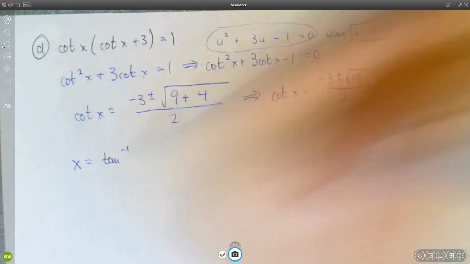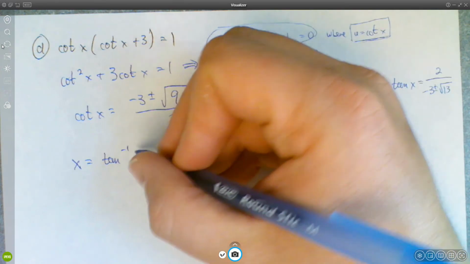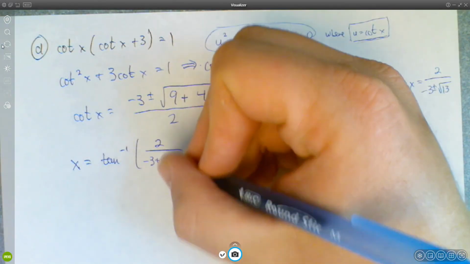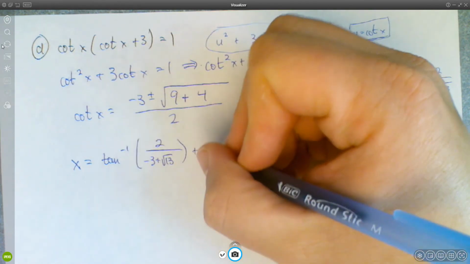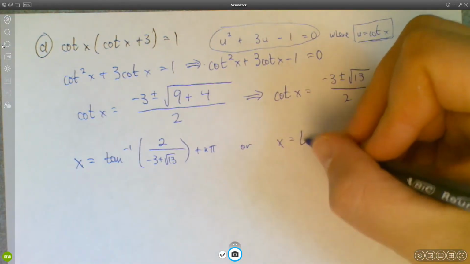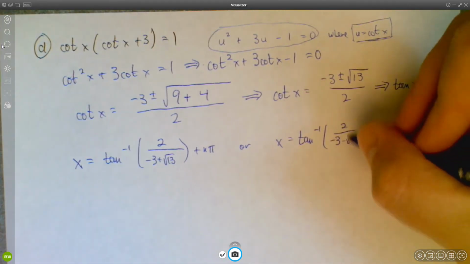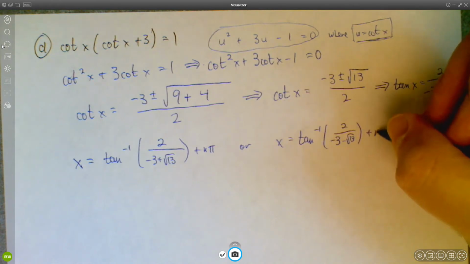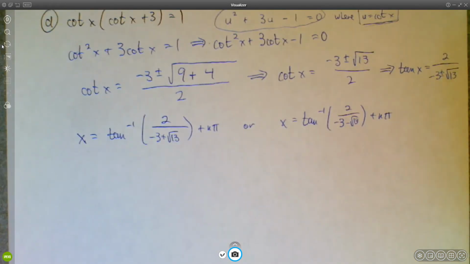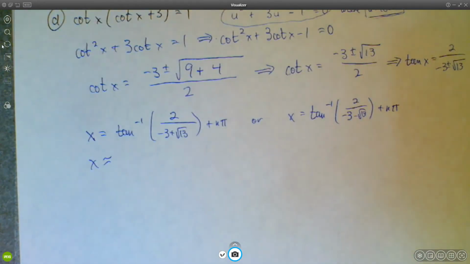So I'm going to split up my solutions that way. x equals tangent inverse of 2 over -3 plus root 13 plus n pi, or x equals tangent inverse of 2 over -3 minus root 13 plus n pi. And there you go. That's your solution set. Those are the exact values. If you want, you can get approximations, and that's what I'm going to do.